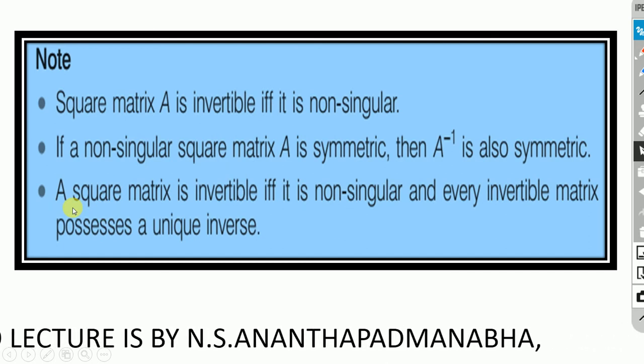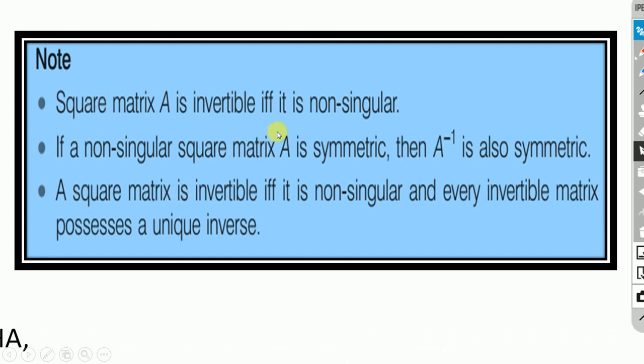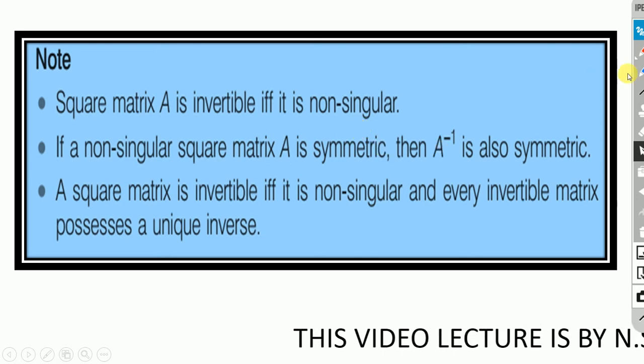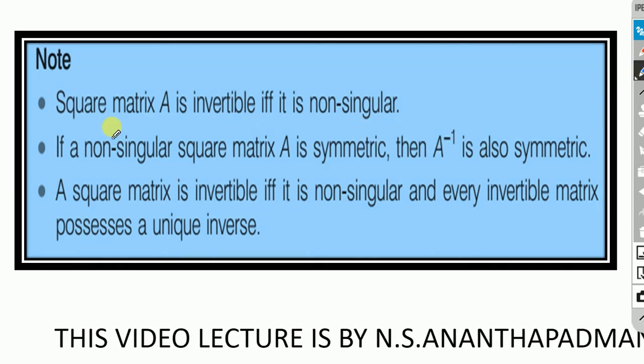Let us see these notes. A square matrix A is invertible if and only if it is non-singular. That means A inverse exists if determinant A is not equal to 0. If a non-singular square matrix A is symmetric, then A inverse is also symmetric.